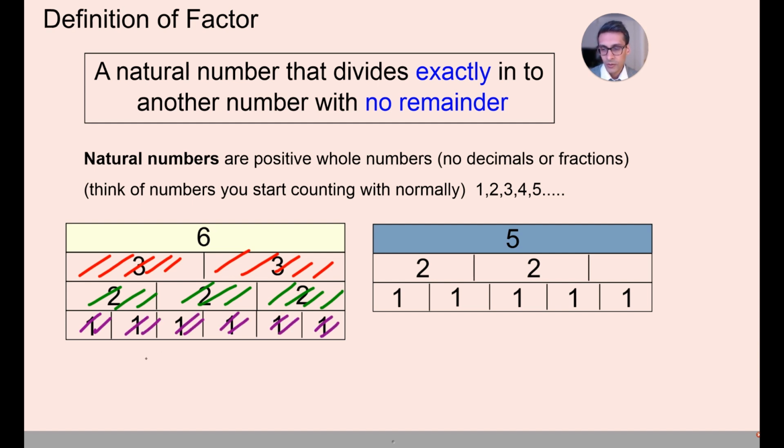So the factors of 6 are 1, 2 and 3, and there's one that people always forget, which is 6 also goes into itself once. So don't forget the 6. The two most common things people forget are the 1 and the 6 itself. So we can see that 6 has 4 factors, 1, 2, 3 and 6.